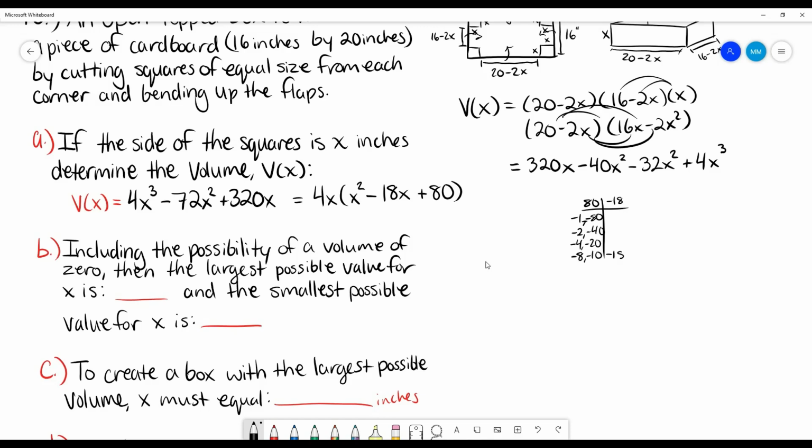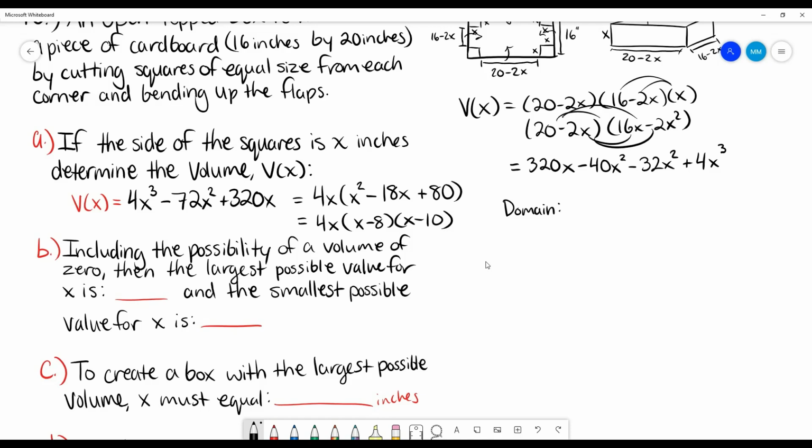Oh, lucky us, this does factor out. The one that I actually did for the homework was not factorable, so I ended up having to use the quadratic formula, which was not my favorite. But lucky here, it gets to be x minus 8, x minus 10. I'm going to go ahead and double check that. Perfect.